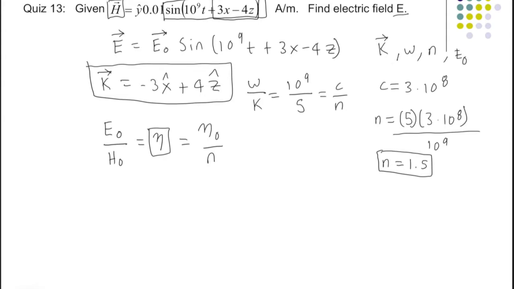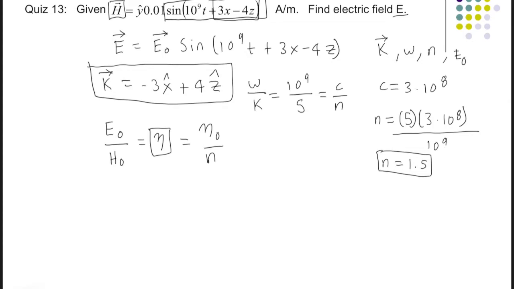Our E naught divided by our H naught is our ratio for the wave impedance, eta. The wave impedance, eta, is equal to eta naught over n, is only true for non-magnetic material, which is what we are dealing with in wave propagation, unless we are explicitly working in ferrite devices.